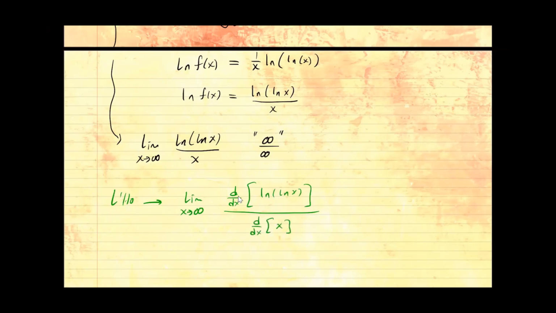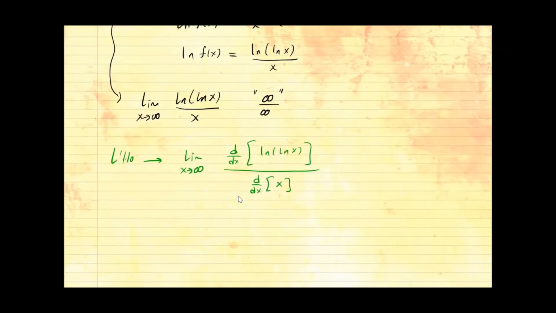Right, L'Hopital's rule. Now, when you take the derivative here, this is going to be chain rule because it's ln composed with ln. So you'll have the limit as x approaches infinity of 1 over ln of x times the derivative of ln of x, that's 1 over x, all over the derivative of x, which is 1.